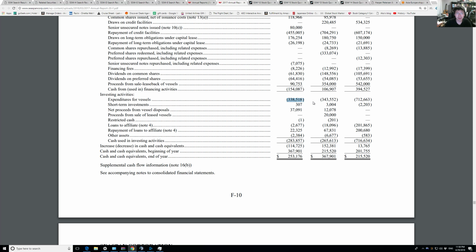And investing activities can always be deferred in a sense. These ships run for 20 years, you don't have to replace them just yet. So if you are looking to invest in preferred shares, I worry a lot less about the ship depreciating than the common shareholder.